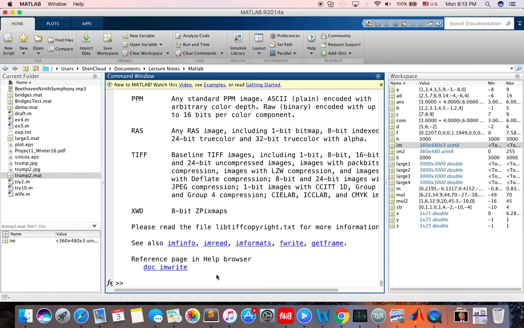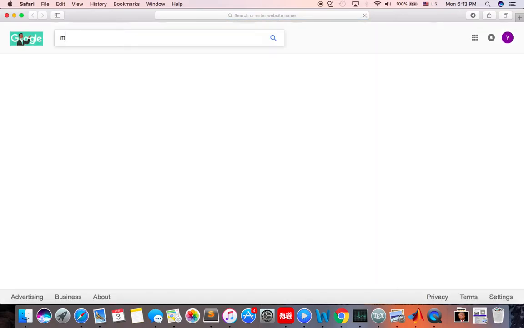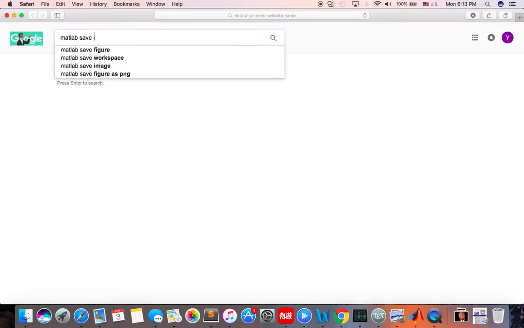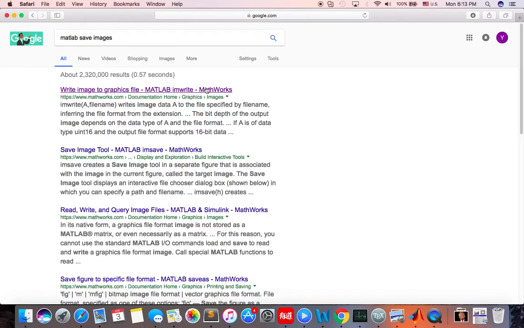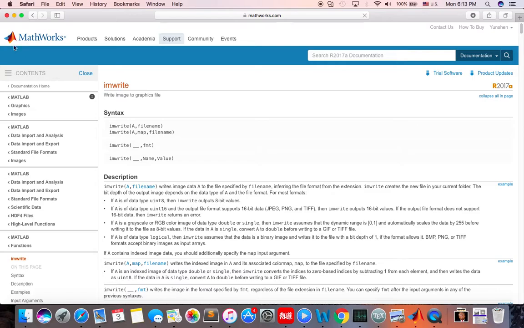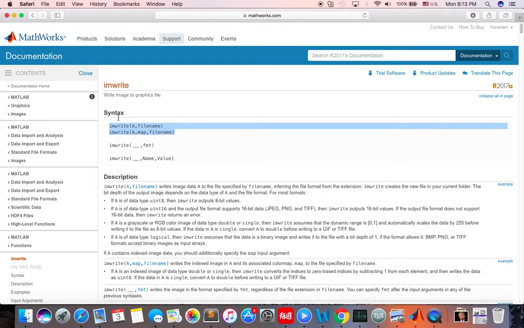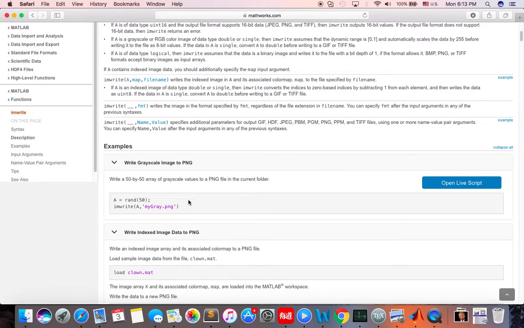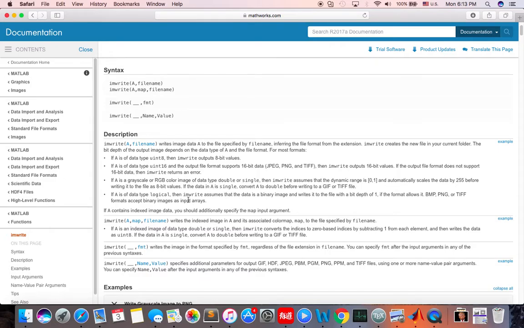If you even don't know the function name imwrite, you can search it online. So for example, Matlab save images. You can click on the link for MathWorks. It is the documentation of Matlab, and it also has the description for the function, and the description for what each variable means.